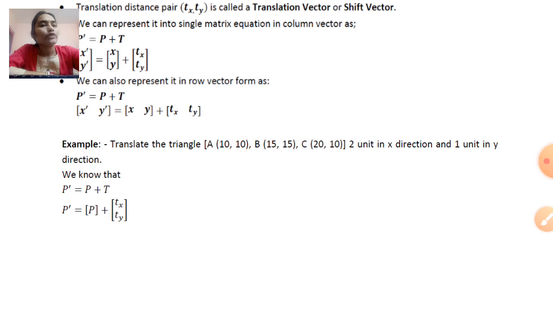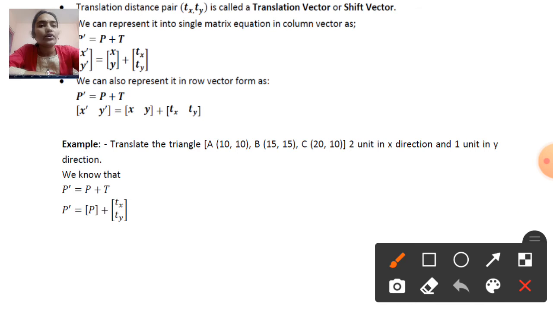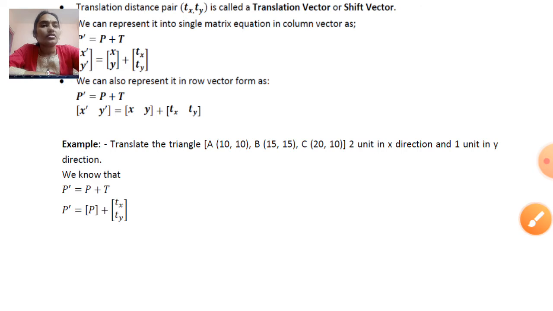In the B coordinate position, x equal to 15, y equal to 15. In the C coordinate position, x equal to 20, y equal to 10. We translate it by 2 units in x direction and 1 unit in y direction. That means distance tx is 2 and ty is 1 unit.